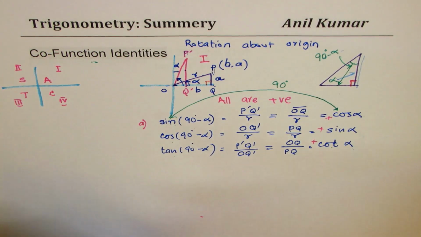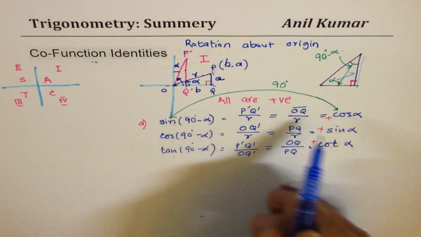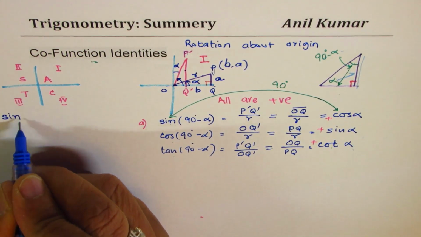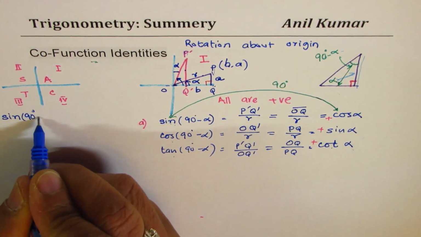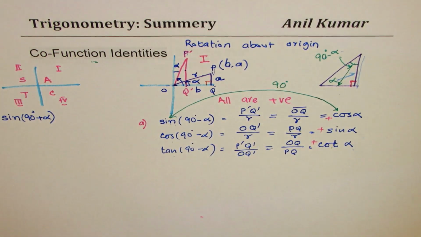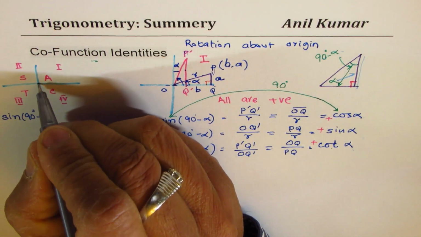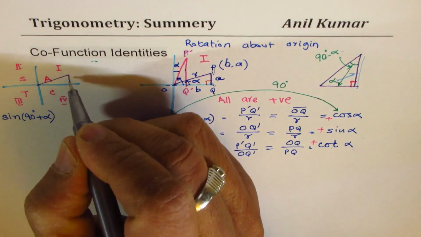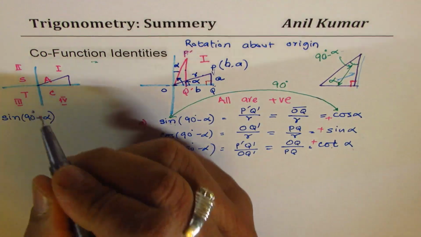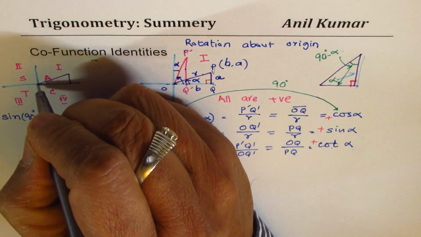Now let's get back to quadrant 2. In quadrant 2, we are talking about sine of 90 degrees plus alpha. So the triangle which we have is like this. We are switching from a triangle which is lying down to the one which is standing up.